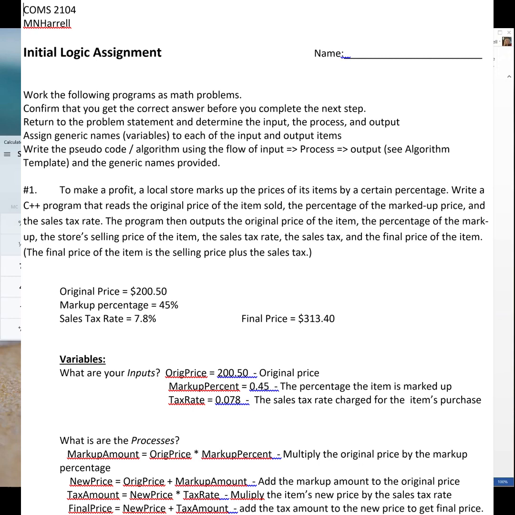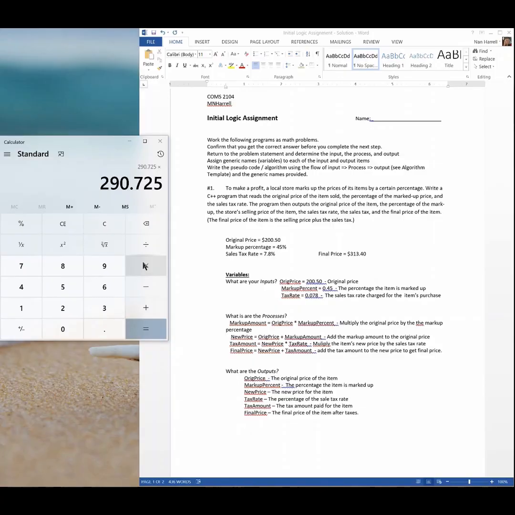All right, so the next part was to determine the sales tax. And we know our sales tax rate is 7.8%. Well, once again, we got to move our decimal over 2 places. So in mathematical terms, it would be 0.078. So I'm going to take this value and multiply it by 0.078. And I will get 22.67655. That's how much our tax is, $22.